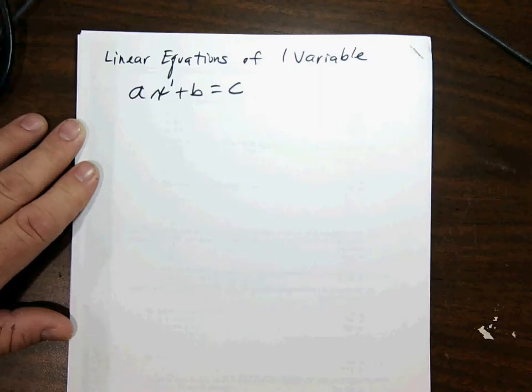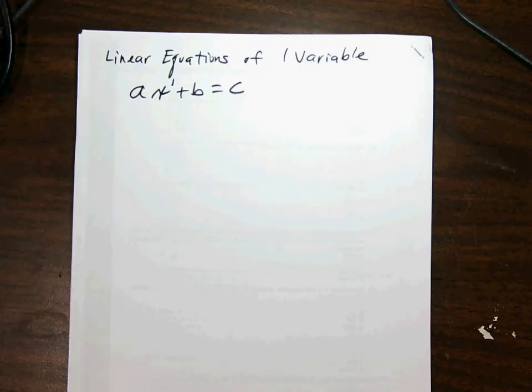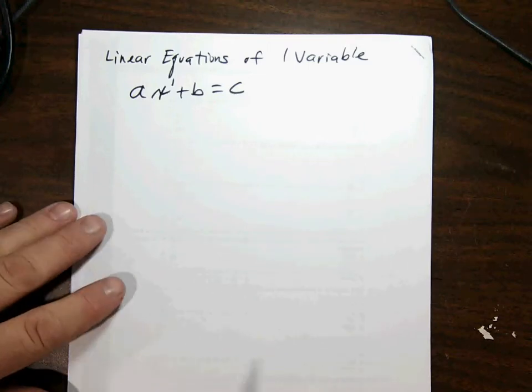So ax to the first power plus b equals c. The minute I have an x squared or an x to the third power or some other x, it's no longer linear and things become more complicated. So all the equations we're going to look at are going to have x to the first power.